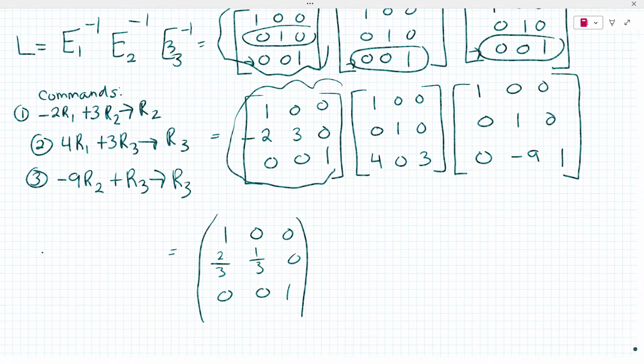And then you're going to take the inverse of this matrix and you get 1, 0, 0, 0, 1, 0, -4/3, 0, 1/3.